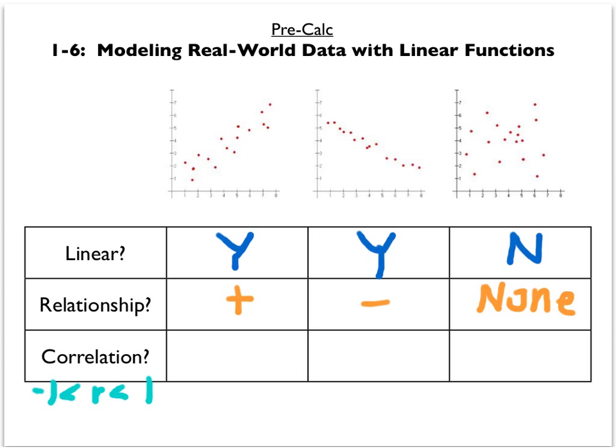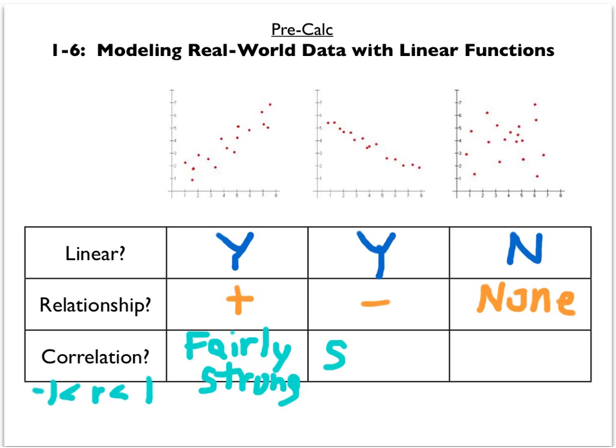So looking at the first one here, actually comparing our first and second one, which one would you think would have a stronger correlation? Well, because our second one is more along a straight line, that's going to have a stronger correlation, where the first one won't be quite as good. So we're going to say, probably for the first one, fairly strong.